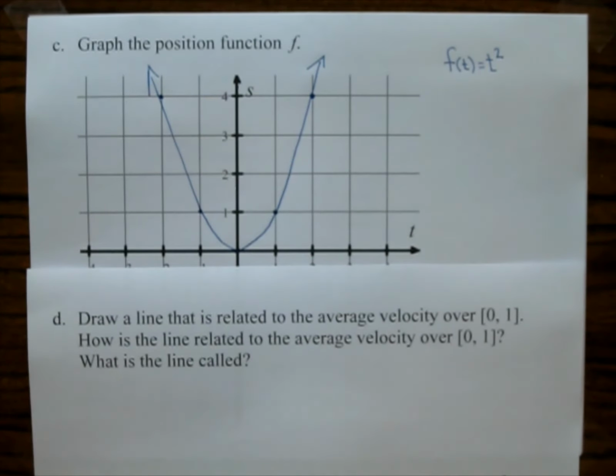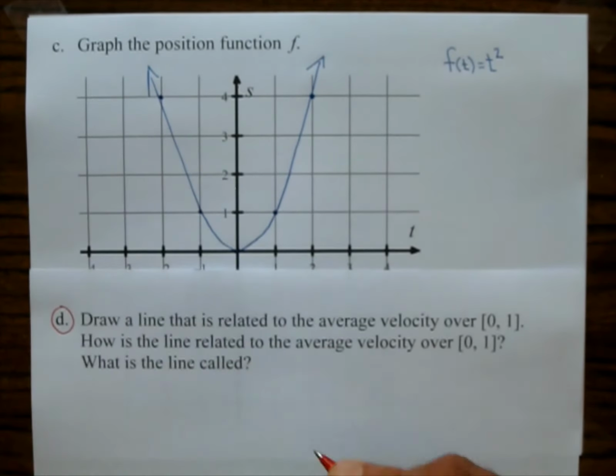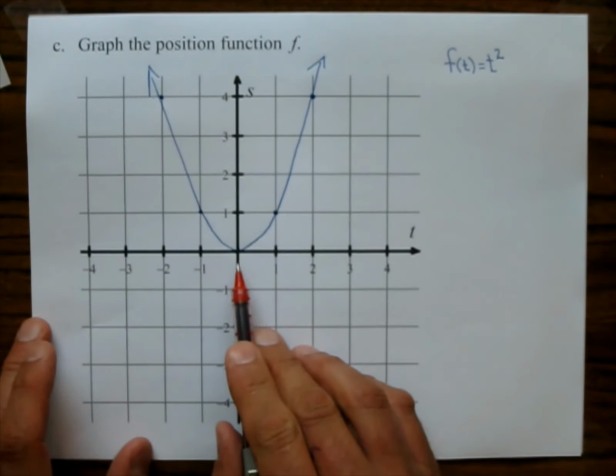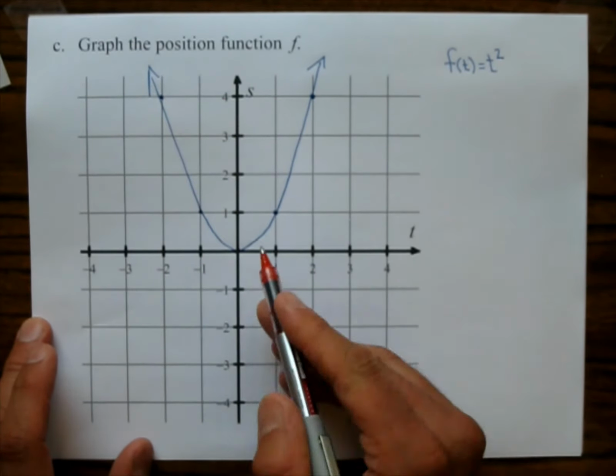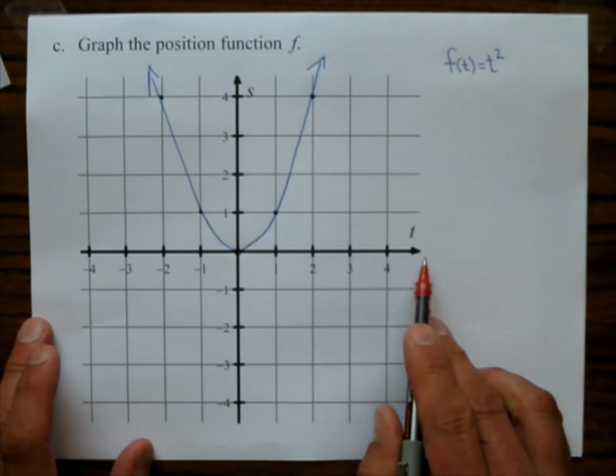Part D, it says, draw a line that is related to the average velocity over the time interval. Okay, so I'm going to go ahead and draw that line. I'll do part D in red. The average velocity from 0 seconds, remember here's time right here, 0 seconds, so we'll put a point right there, to 1 second.